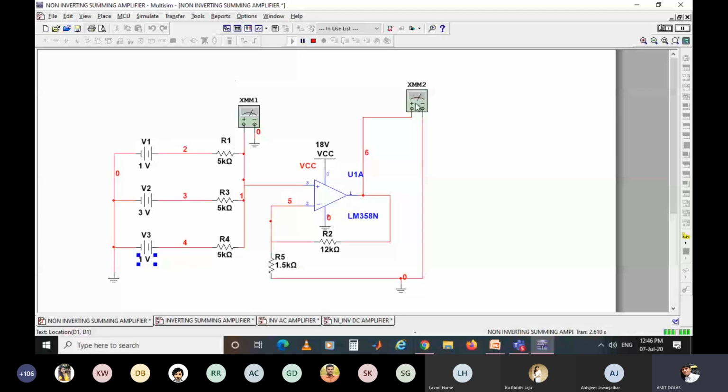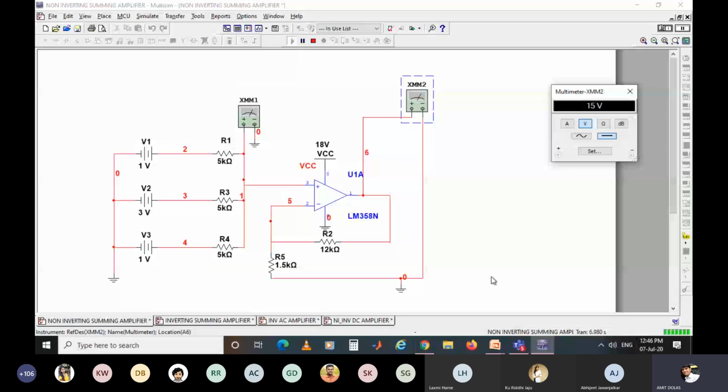So this is how you can have several practices with different scaling factor or gain of the summing amplifier. You may make changes to the values of input resistances R1, R2 and R3 as well as feedback resistance and Ri, and accordingly you may cross check whether the design problem is providing you the right solution or not.